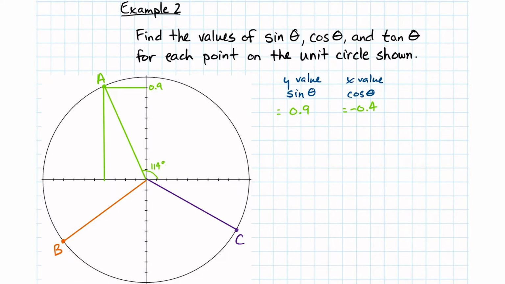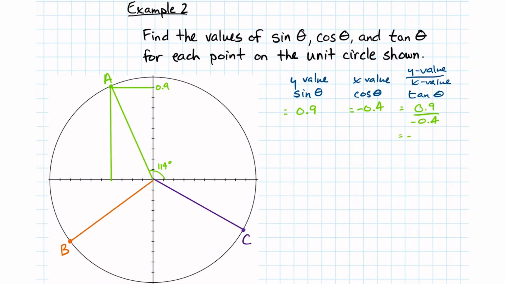Lastly, we know that our tangent value is the same as our y value over our x value. So tangent is going to be equal to 0.9 over negative 0.4, which gives us a value of about negative 2.25.